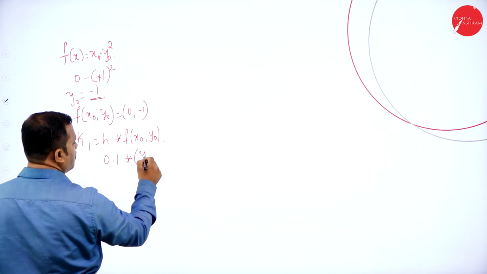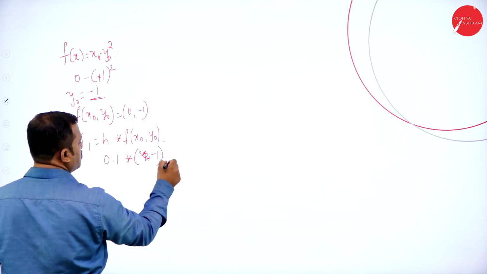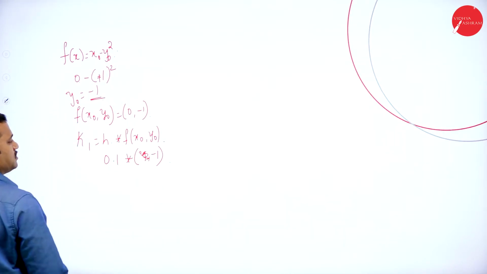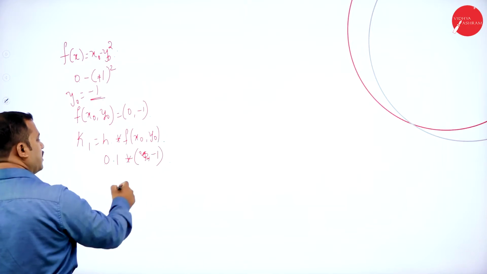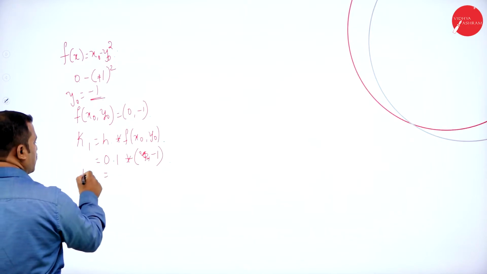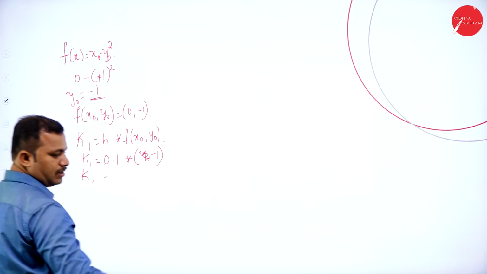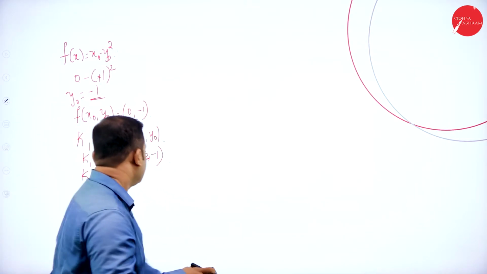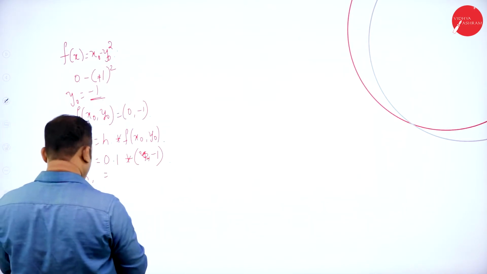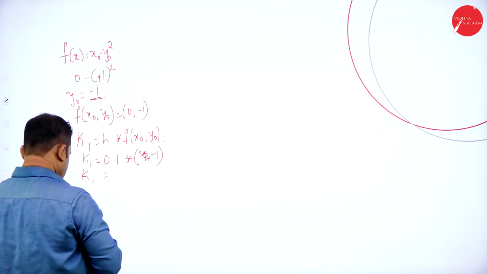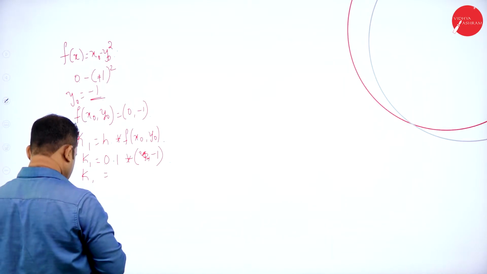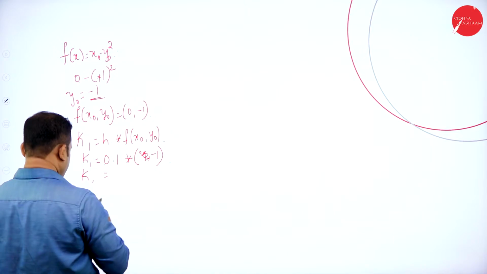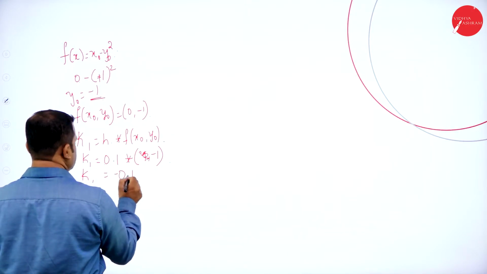So we have 0.1 into minus 1 is equal to what? That is the value of K1. Let me use the calculator. 0.1 into minus 1 is equal to minus 0.1. This is the value of K1.